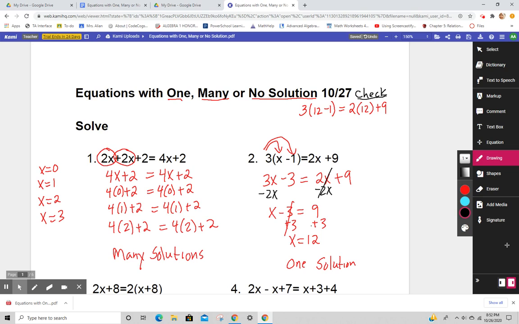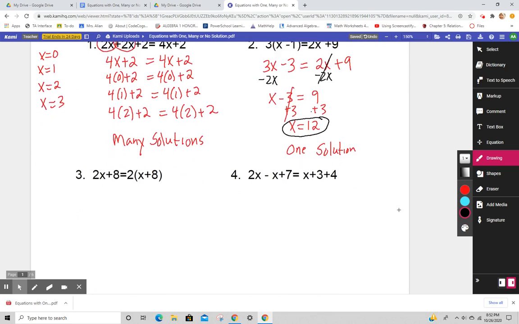Well, 12 minus 1, that's 11. Well, 2 times 12, that's 24, plus 9. Well, this is 33 equals 33. That means our work is correct, and the answer is 12. And there's only one answer that makes this equation true, and that is 12.